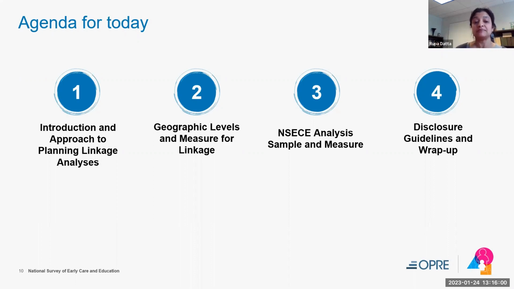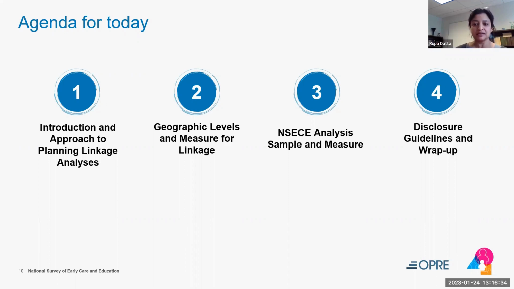Then we'll talk a little bit about the specific geographic levels and how to pick measures when you're thinking about doing a linkage analysis with the NSECE on the external data side. We'll then move on to the NSECE side, and again, think about the analysis sample that you might want to choose, as well as the measures from the NSECE data that you might want. Finally, we'll talk a little bit about disclosure guidelines.